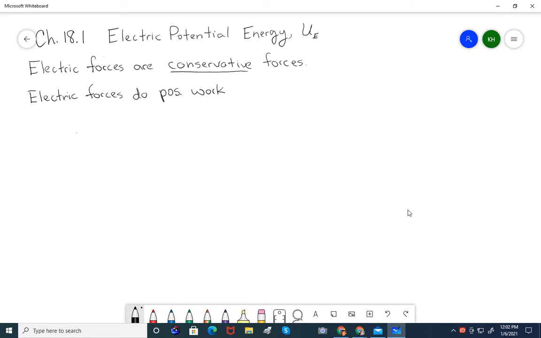now what does it mean? Well, when the force and the displacement are in the same direction.